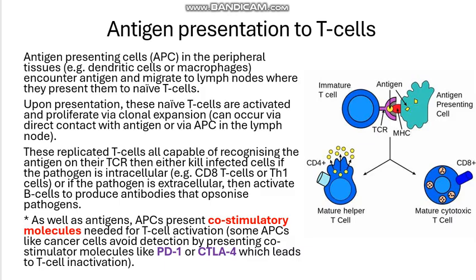But an interesting thing is that some antigen-presenting cells, like cancer cells, can avoid detection by T cells that would kill them.